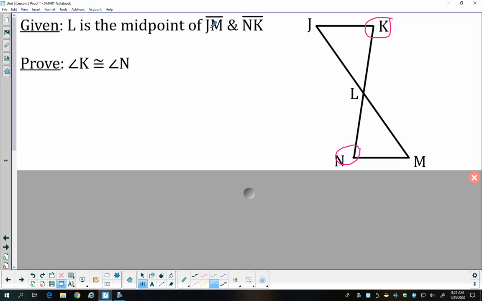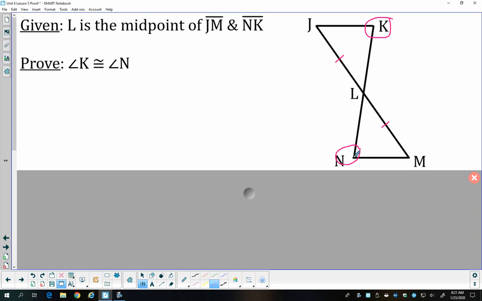L is the midpoint of JM and NK. So if I know that L is the midpoint of a segment, that means the two pieces of the segment it makes are congruent. So JM, if L is the midpoint, that means that JL and LM are congruent.